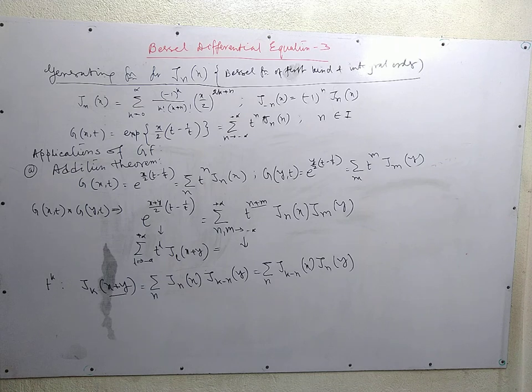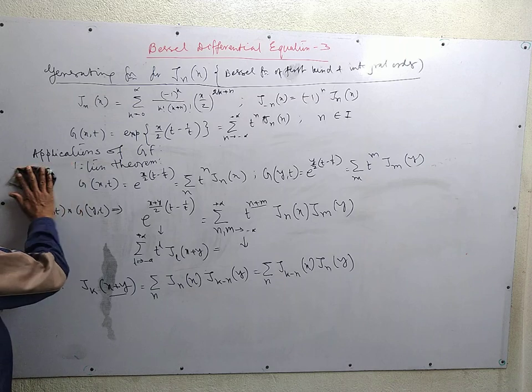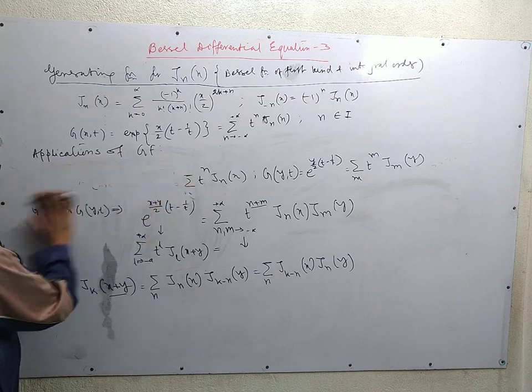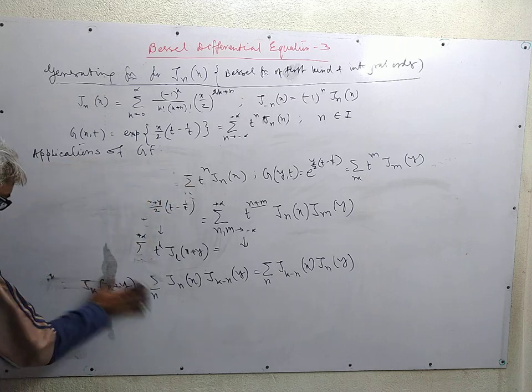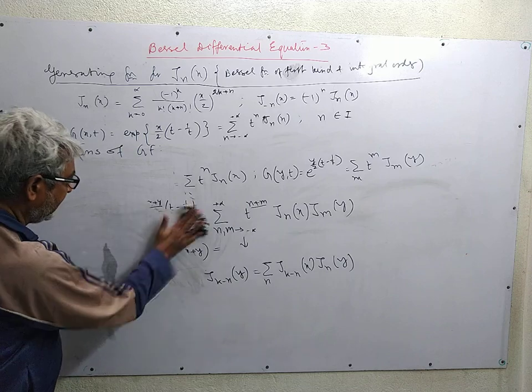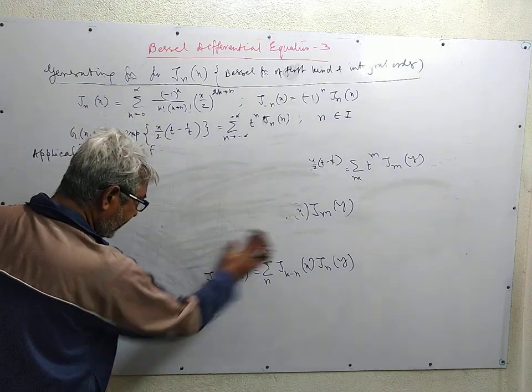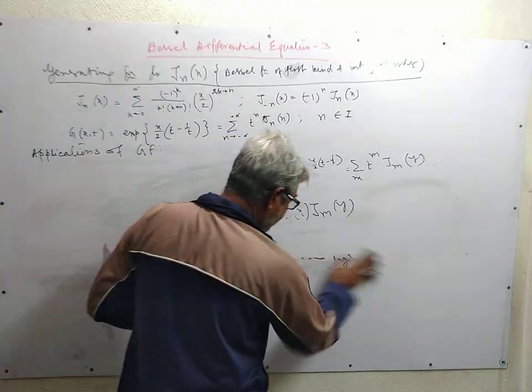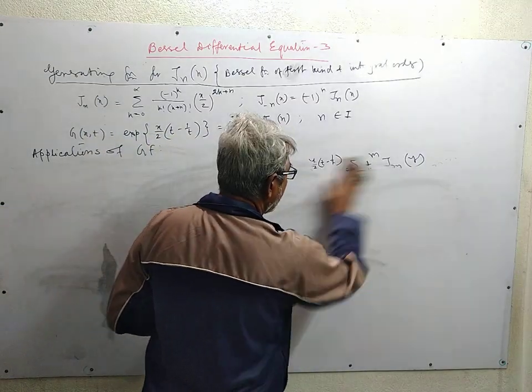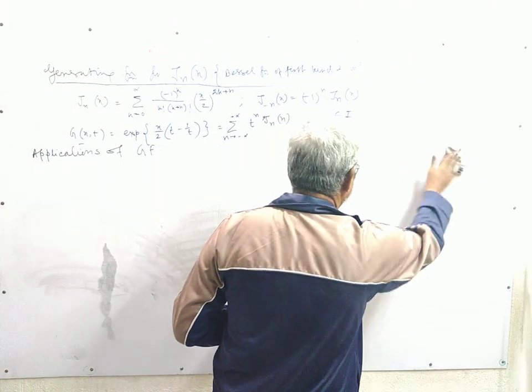Now we come to the Jacobi identity. As the second application of Bessel functions, we will derive the Jacobi identity. It is an interesting result involving Bessel functions.